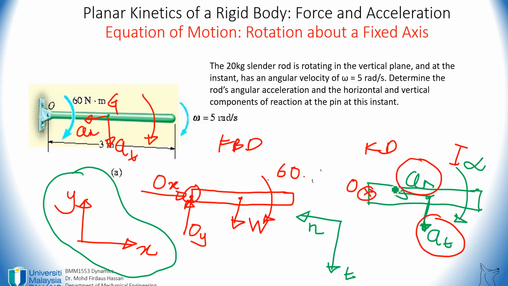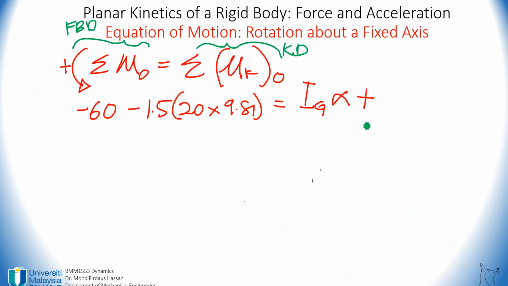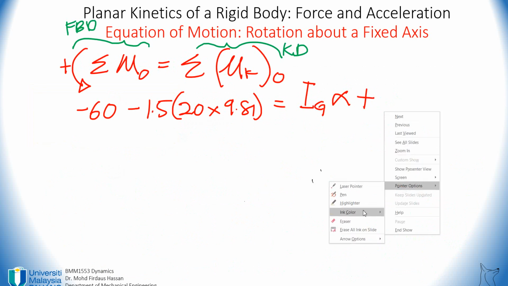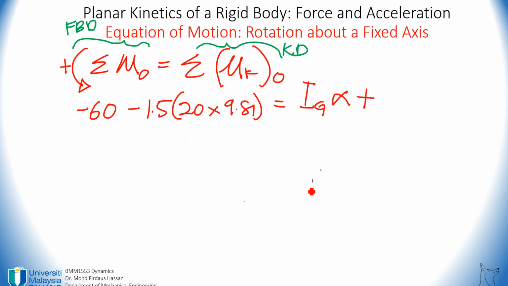For the right hand side, you have Ig alpha, and then you have An and At. An is not counted since the direction of An, you see, crosses the point O. It doesn't create a moment, but At creates a moment. See that? It will create a moment in the clockwise direction, right? So clockwise is negative.